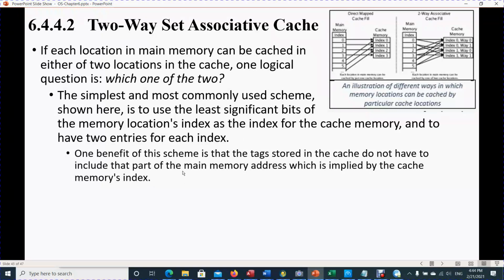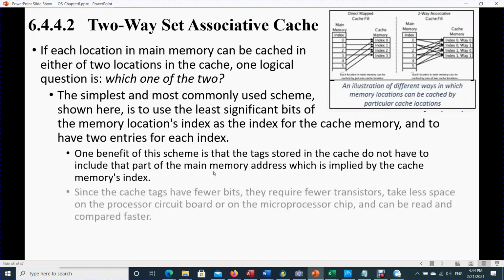One benefit of this is that the tags stored for the cache don't have to include the whole main memory address, just the least significant bits.